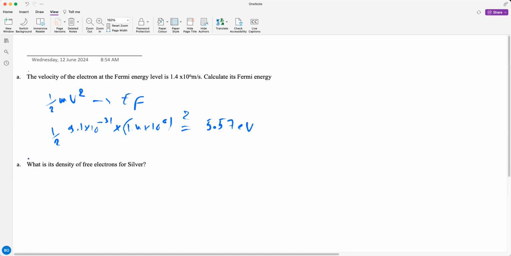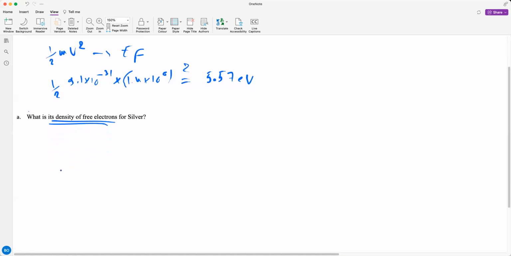Any idea? How can you calculate the density of free electrons for silver? Can we find the n using the Fermi energy? Exactly.